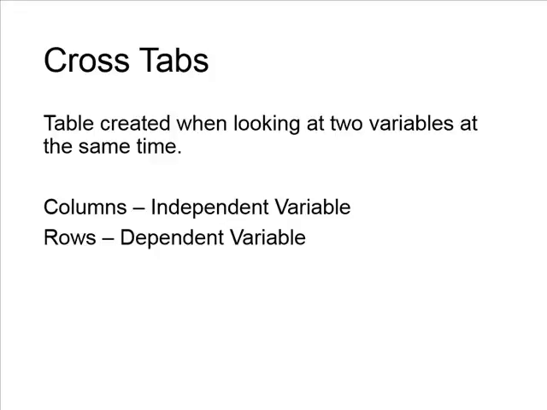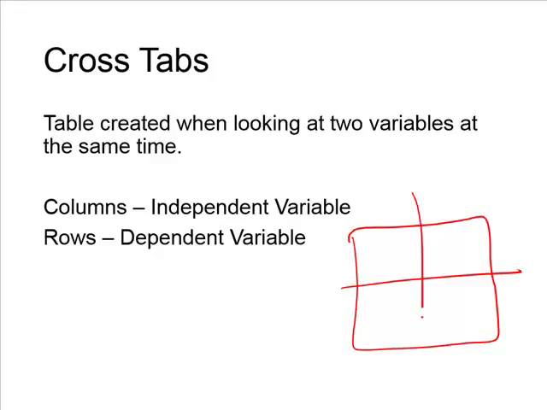So if we want to look at two variables at the same time, we'd have to create two frequency distributions. Now when we do this, the columns of our crosstabs are going to be our independent variable.